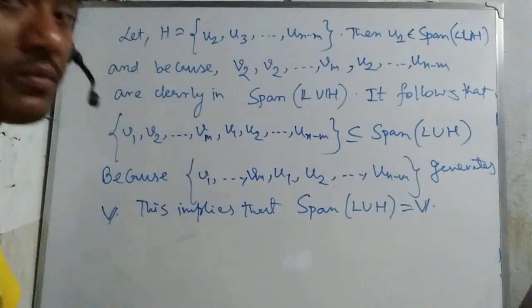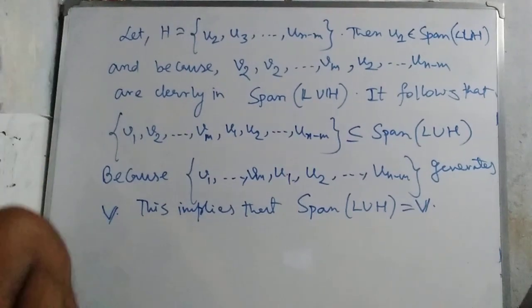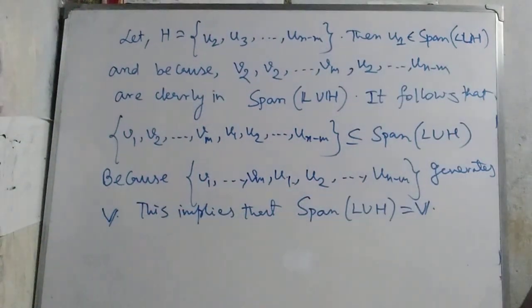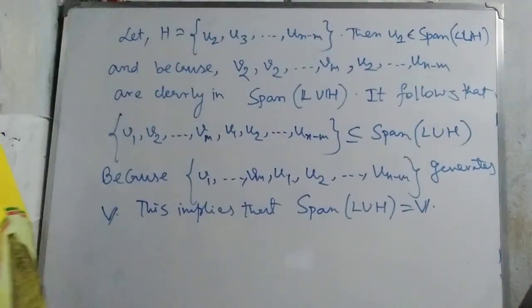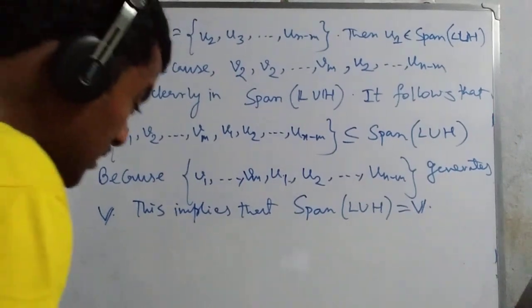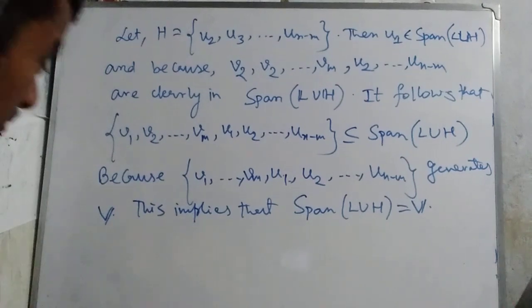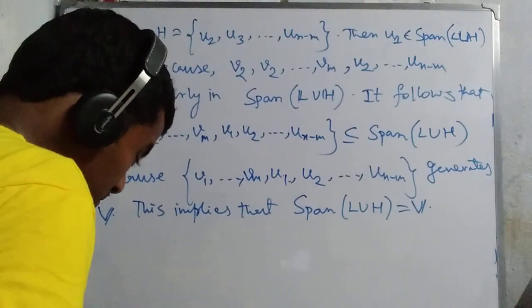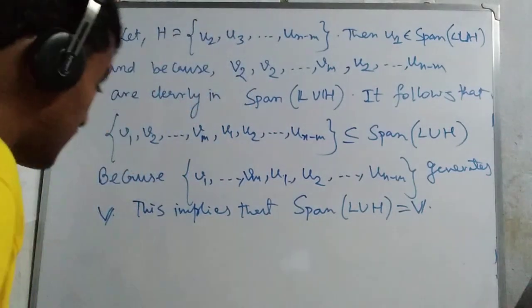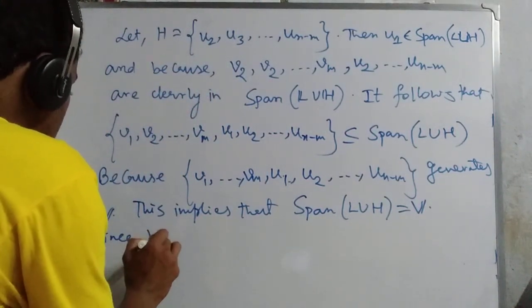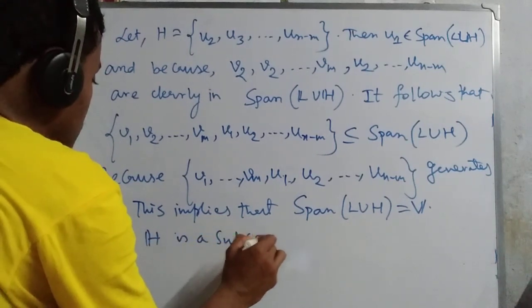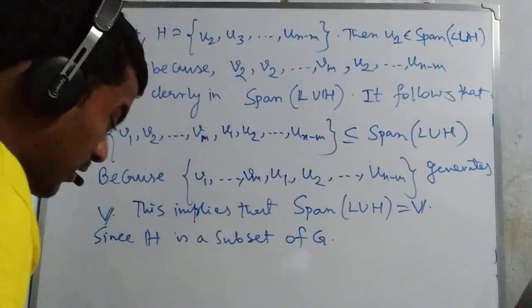Since H is a subset of G, then what happened?